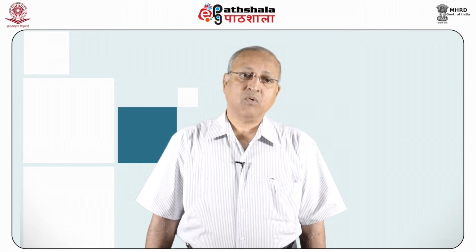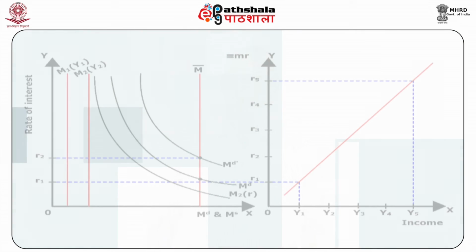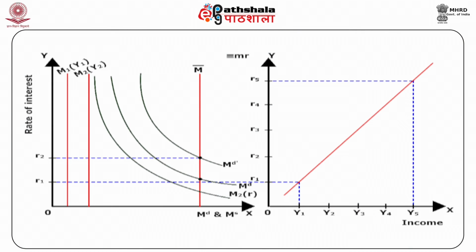First of all, let us look at the money market. In the money market, with a given level of income, let us say Y1, at this level we have a certain level of money demand due to transactions and precautionary purposes. Now, if we consider this, then the M1 would be M1 Y1, and at M1 Y1 there is a total money demand function which is equal to M1 plus M2.